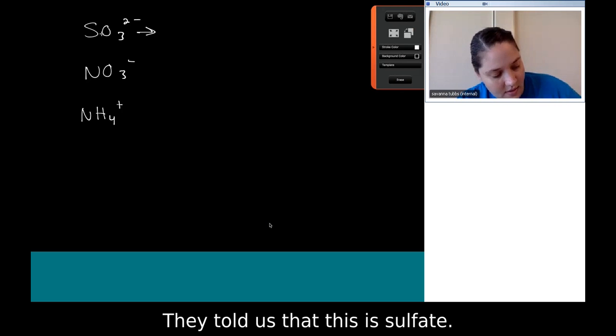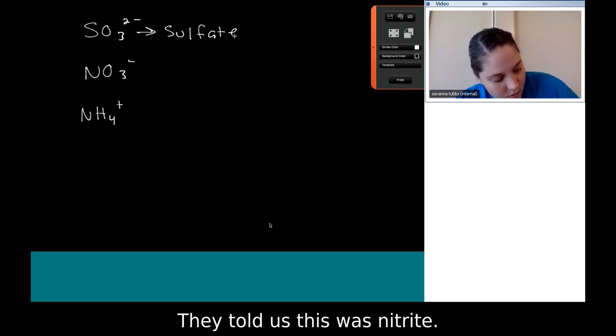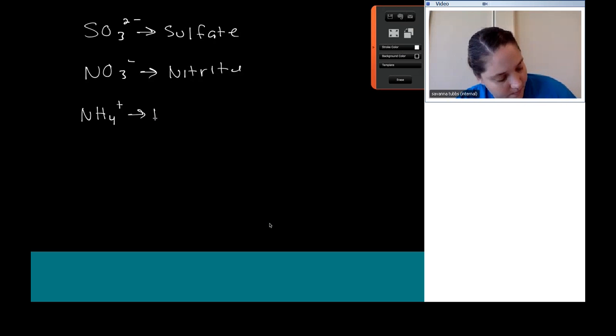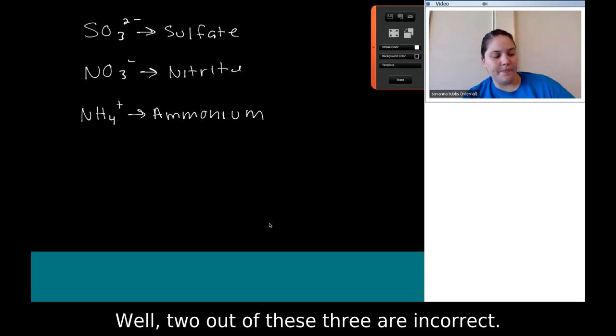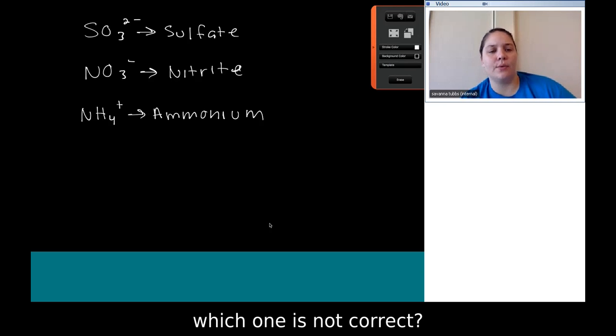They told us that this is sulfate, this was nitrite, and this was ammonium. Well, 2 out of these 3 are incorrect, so it would be your job to figure out which ones are not correct.